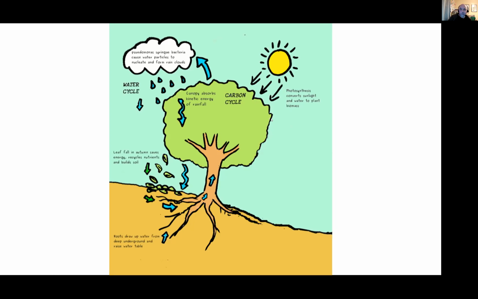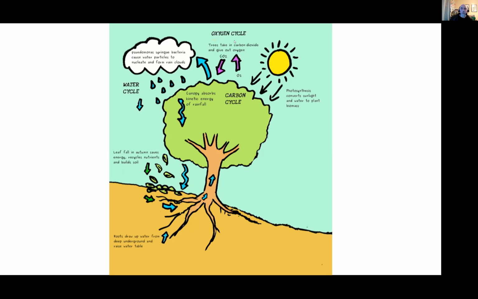and they're converting the atmospheric carbon into plant biomass, basically carbohydrates and sugars that make up plant biomass. And so they're taking in the carbon dioxide and they're giving out oxygen.